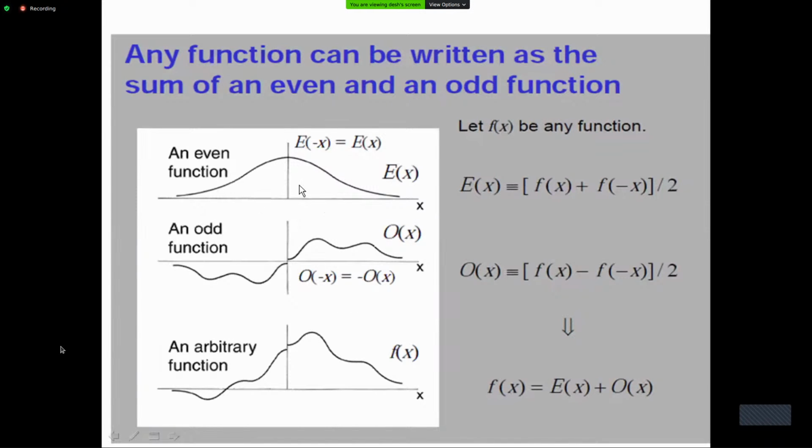For example, for an even function, the Fourier transform is always real. For an odd function, it's always imaginary. I mean, only the imaginary component is non-zero. And so if you have a function and you can imagine them to be combination of it, then you can visualize their Fourier transforms also with equal ease.